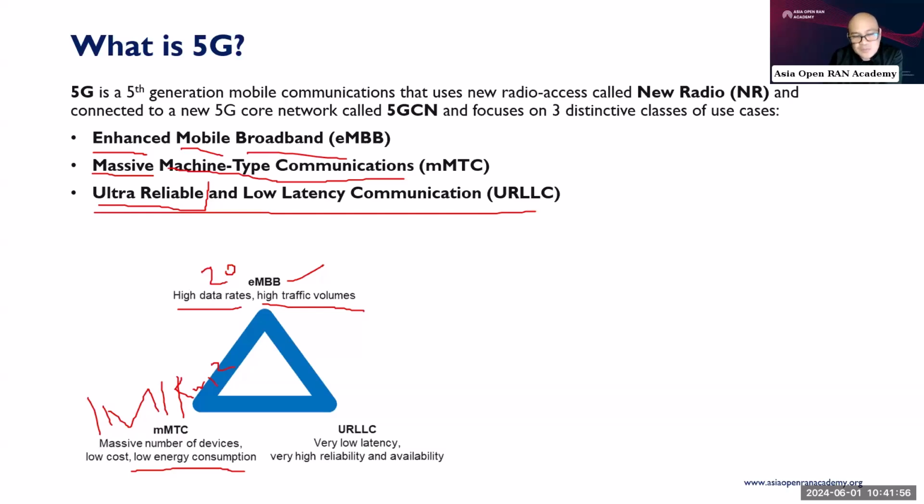Okay. CoMP is also included. Okay. So there's a lot of methodology solutions to increase the reliability. Low latency communications, meaning up to 1 millisecond latency response of the network. So that is how fast 5G will become.